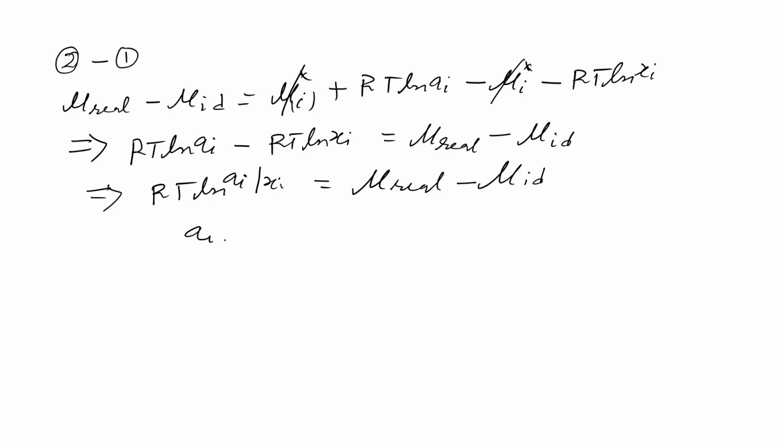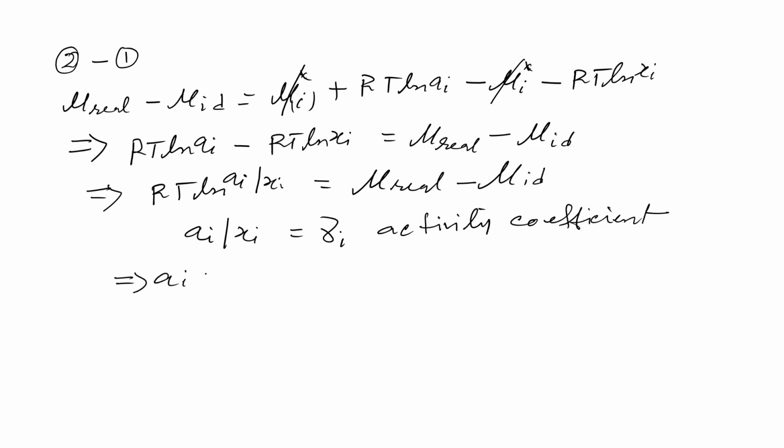Now this ai by xi, denoted by gamma i, is known as the activity coefficient. Now look here, from here what can I write? ai is equal to gamma i into xi, so therefore ai is proportional to x.